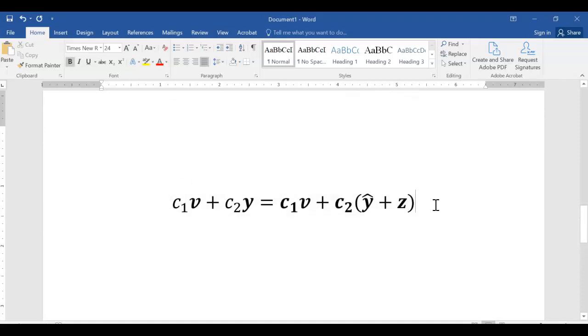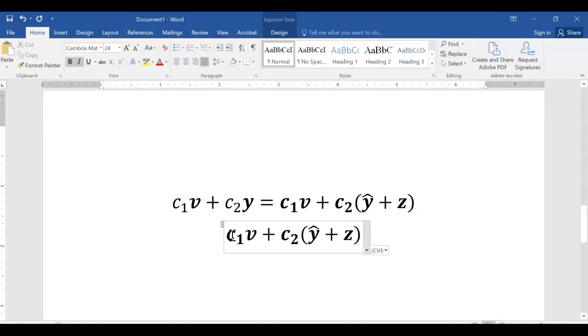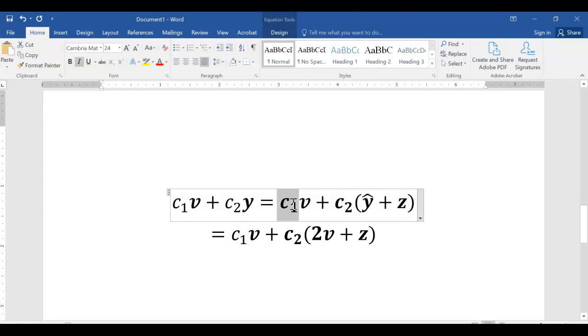All right, so this whole thing, y hat, we said, is 2 times v, as in the real number 2. We should make these real numbers unbolded.